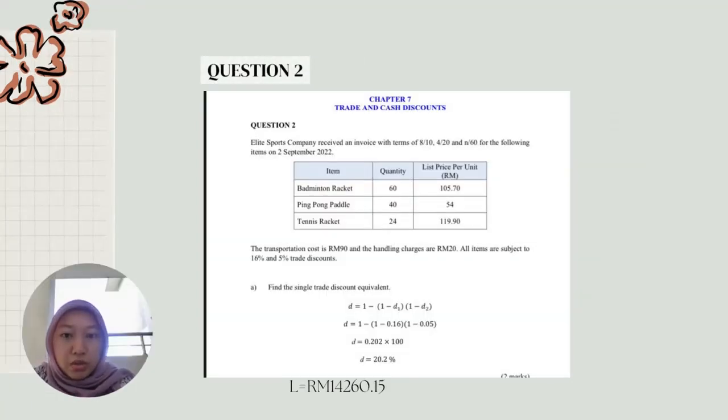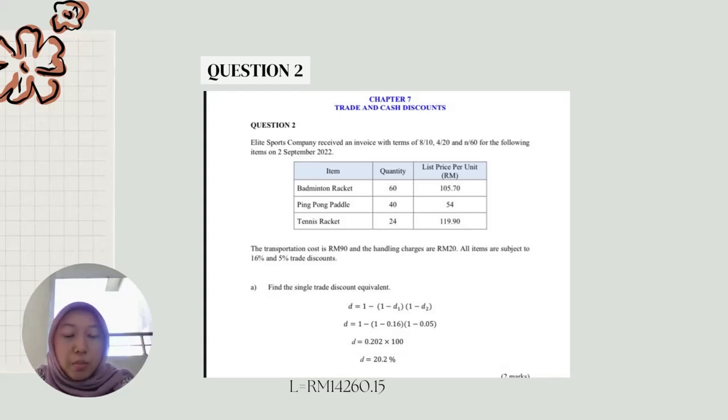Question 2. Elite Sports Company received an invoice with terms of 8/10, 4/20, and N/60 for the following items on 2 September 2022. First item is badminton racket, 60 quantity, and the list price is 105 ringgit and 70 cents.